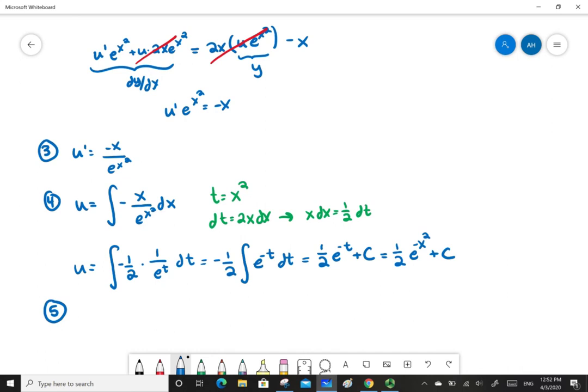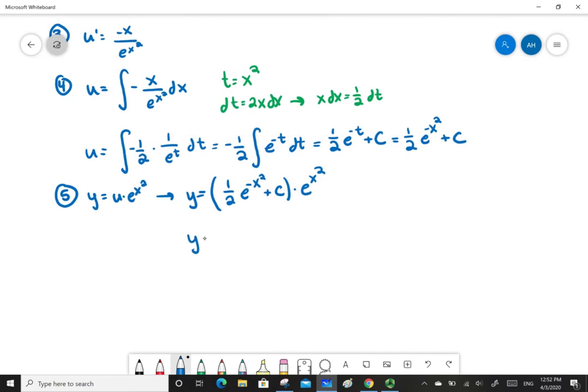Finally, substitute back into y equals u times e to the x squared to get that y equals 1/2 e to the negative x squared plus c times e to the x squared, which we can rewrite as y equals 1/2 e to the negative x squared times e to the x squared plus c e to the x squared, which equals 1/2 plus c e to the x squared.